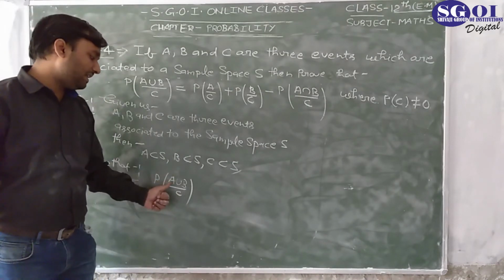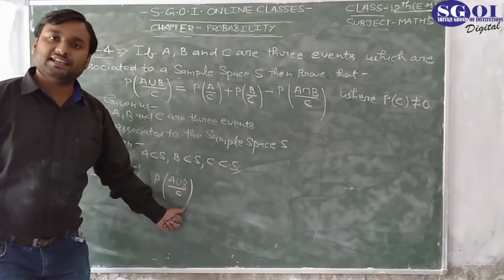This is the conditional probability of A union B when event C has happened.